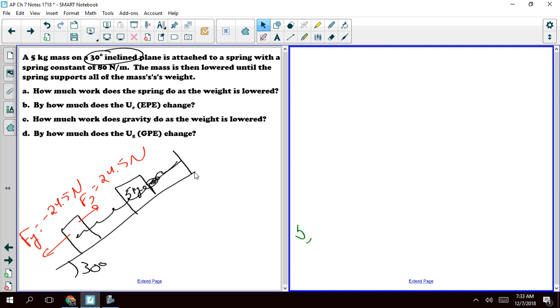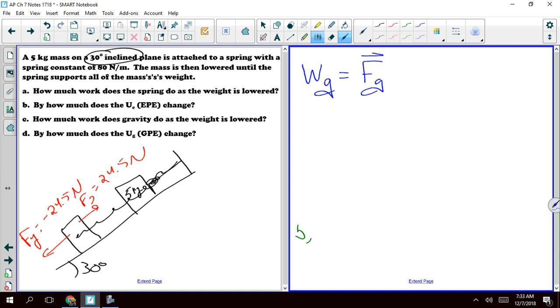So the work done by gravity. Let's figure it out straight. Our vectors are no longer parallel, right? So let's actually use a dot product. So it's the force of gravity times our displacement, so that is Fg delta x cosine theta, right?